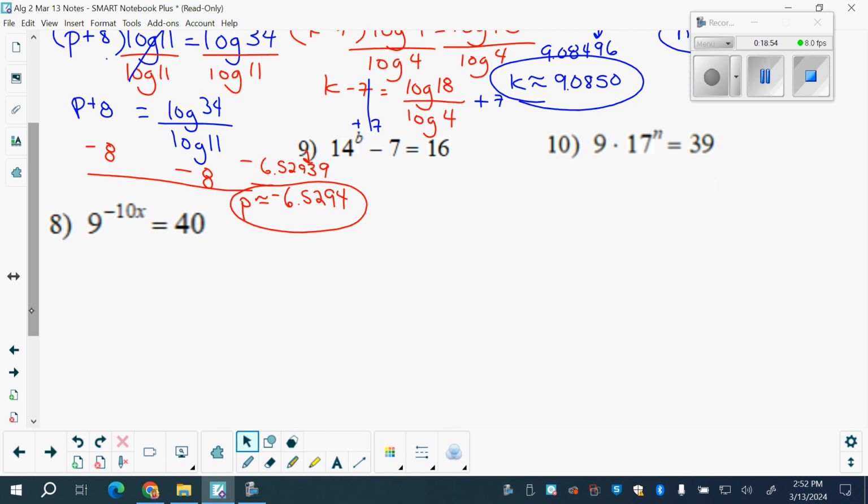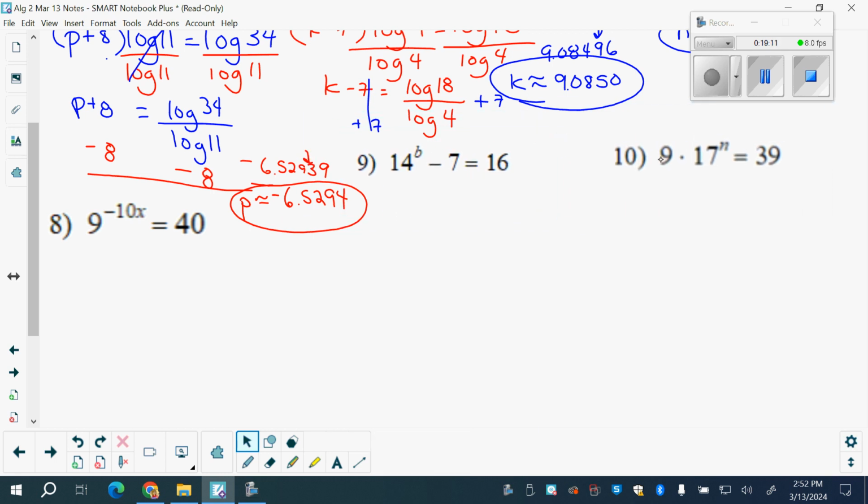Did you have a question? No, okay. So what would we do first on, I think I'm going to skip number 8, what would we do first on number 9? Before we do the log, we need to isolate the base with the exponent. Add 7 first, that's right.